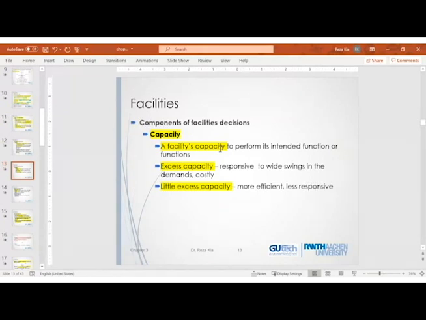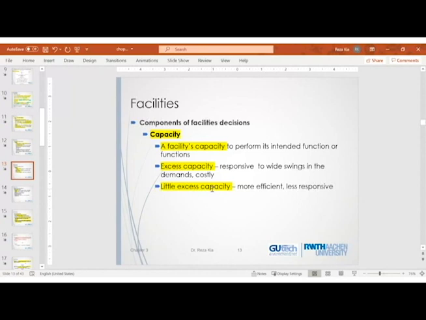If it's too big, with excess capacity, it means that we can provide for a wide range of demand, but that would be costly, because a big plant means you have enough capacity to fulfill any amount of demand, but maybe it's not an efficient decision. Maybe less capacity could be more efficient, but in terms of responsiveness, maybe it's not a good strategy.